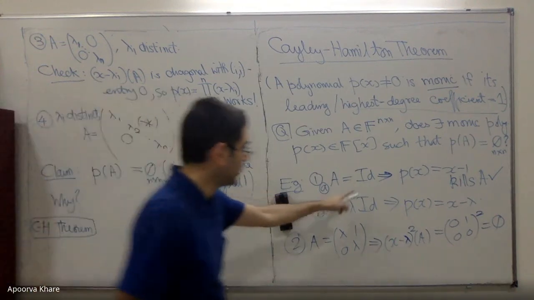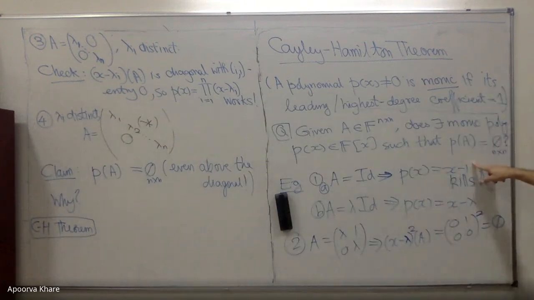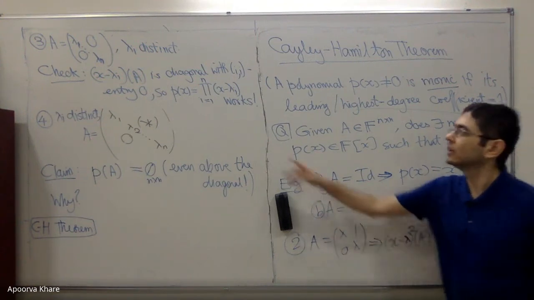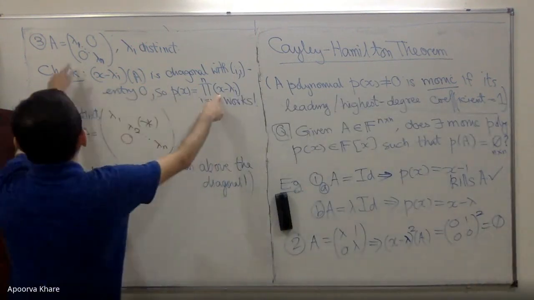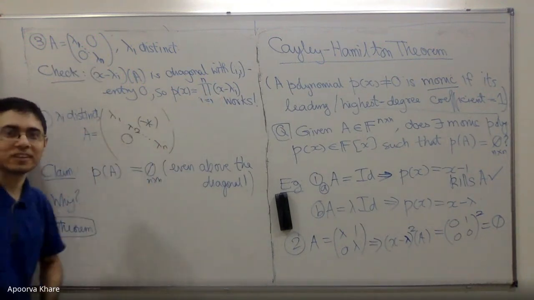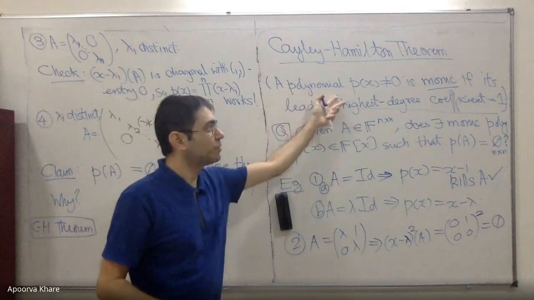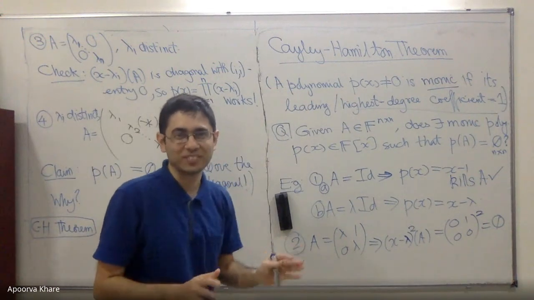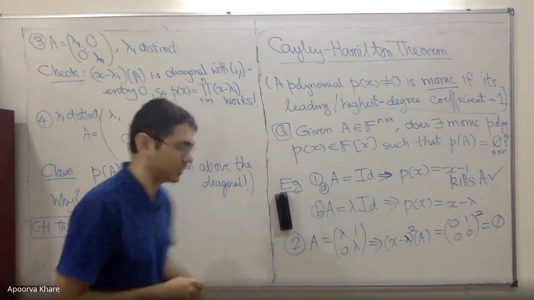If you look at the polynomials here, this one is different. These two are different, but this polynomial x minus lambda square is the characteristic polynomial. The product x minus lambda is the characteristic polynomial and also of this. And that is the Cayley-Hamilton theorem. As I said, there is a monic polynomial which kills every matrix, and you have seen that polynomial so many times because it is simply the characteristic polynomial.